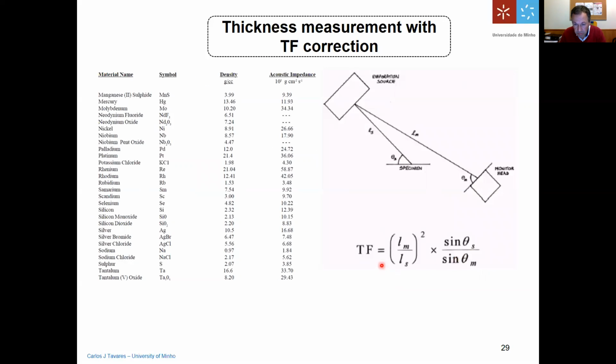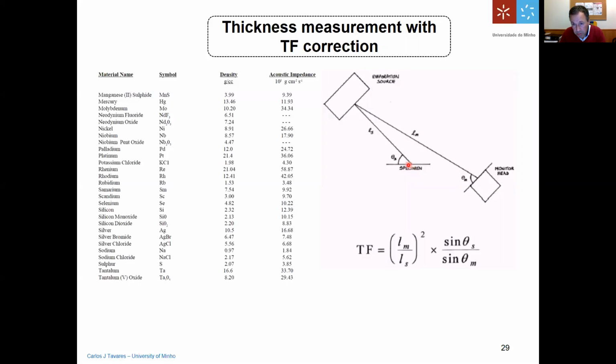Lm is the distance between your crucible, the evaporation source, and your sensor head, and Ls is the distance between the crucible or source and the substrate. These angles theta S and theta M are the angles between the evaporation source normal and the sample surface.